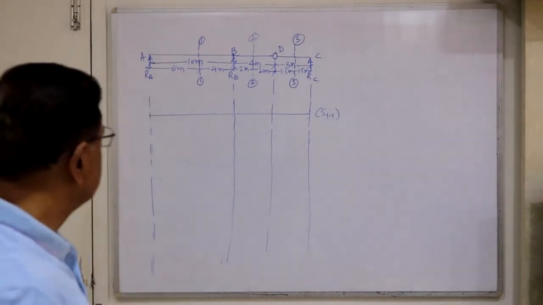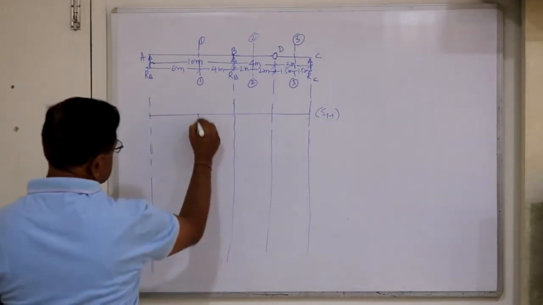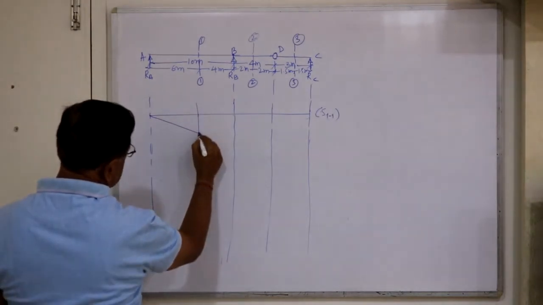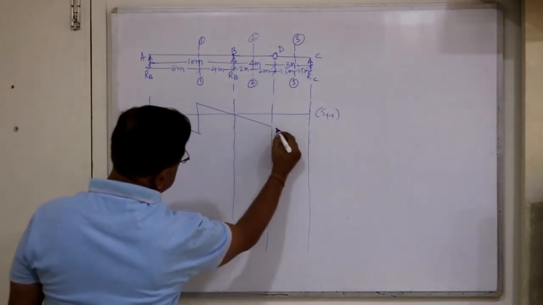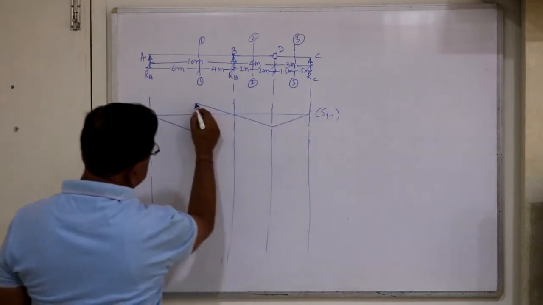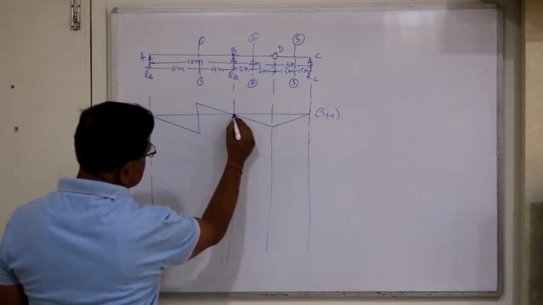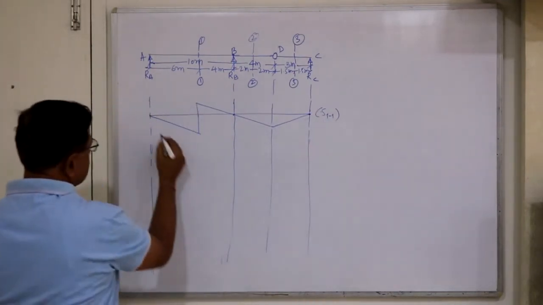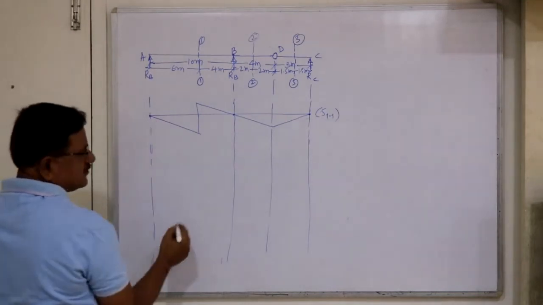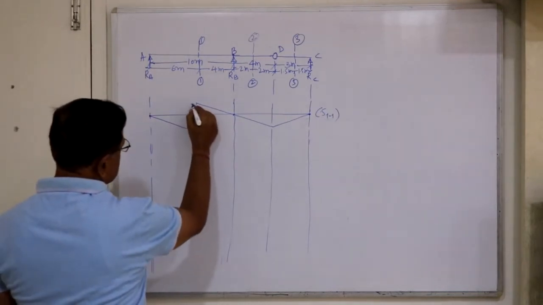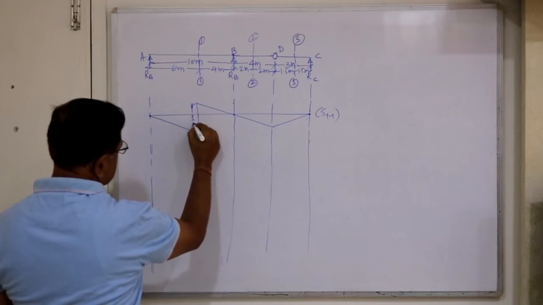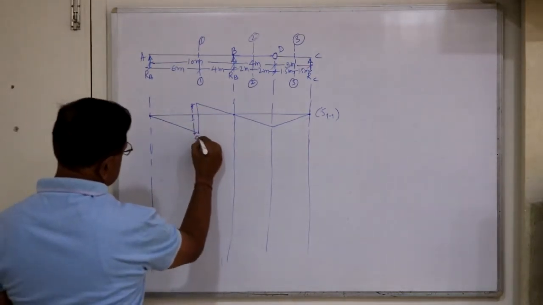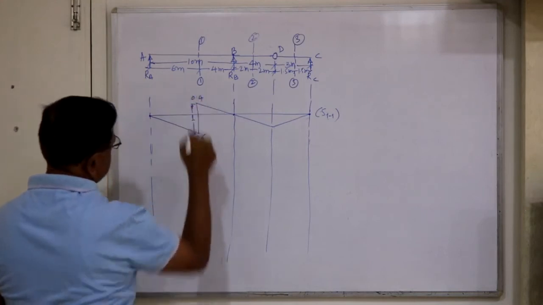Now S11 means we have to take a cut section here. This is within the simply supported part, so you will get the diagram this way. So from here to the hinge, deflection here is 0, continue up to the internal hinge. Again deflection here is 0, and here there is a support, deflection is 0, and the total shear jump is 1. We know this is a by L, means this will be 0.6, this will be 0.4.